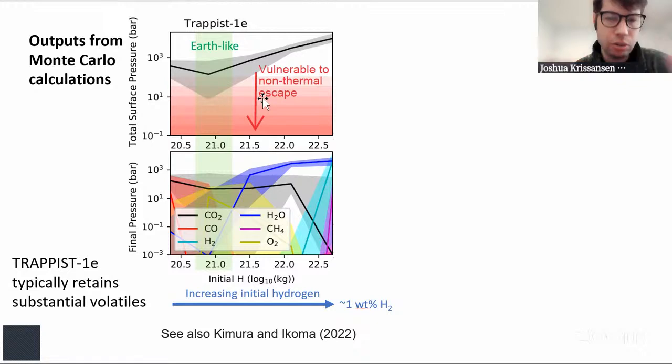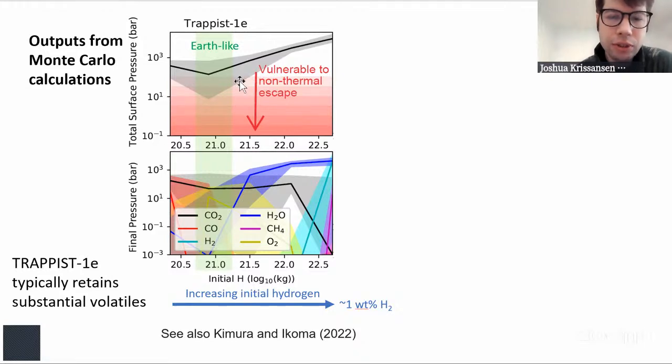And so the shaded region is the Monte Carlo envelope. I should also say, this red shaded region is a little bit arbitrary, but it's an increasing danger zone for the total volatile loss that you might expect through non-thermal processes like ion escape that we don't model here. So essentially, the deeper you are into the red, the more likely you are to totally lose your atmosphere.